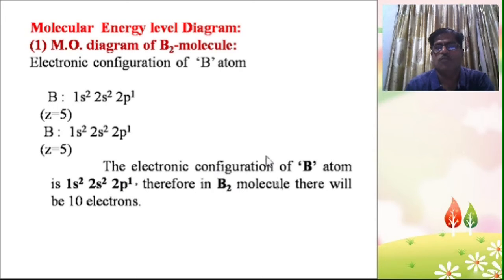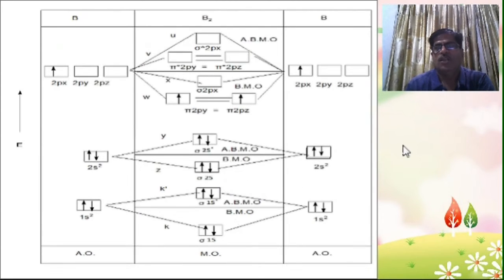Therefore in the B2 molecule there will be 10 electrons, 5 electrons of the first boron and 5 of the second boron. Now let's see the MO diagram of B2, or how we describe the molecular orbital energy level diagram of any molecule.